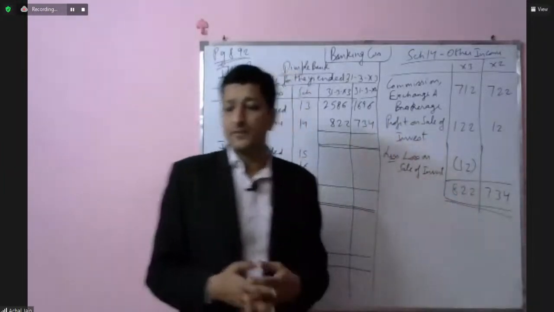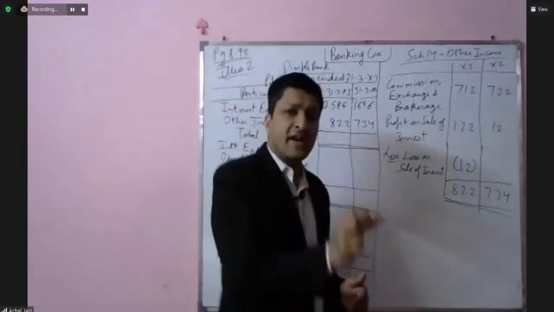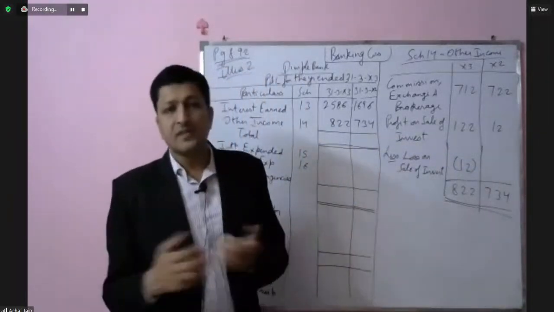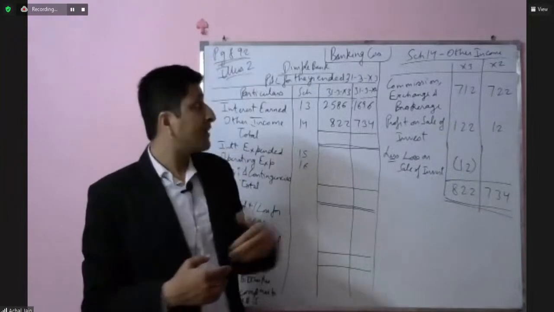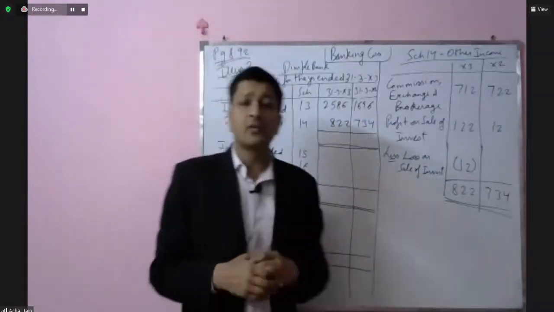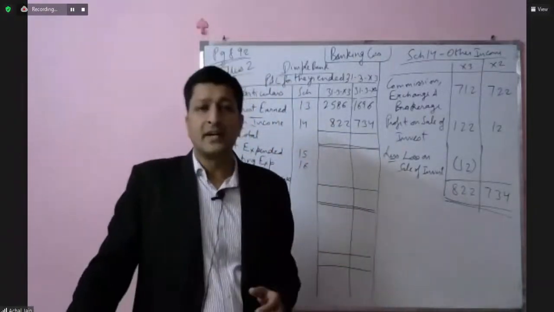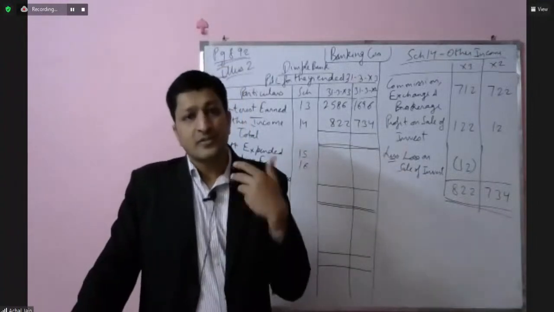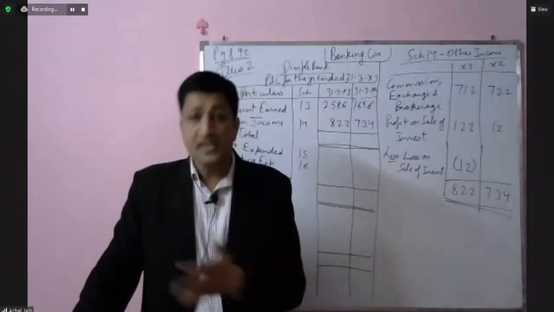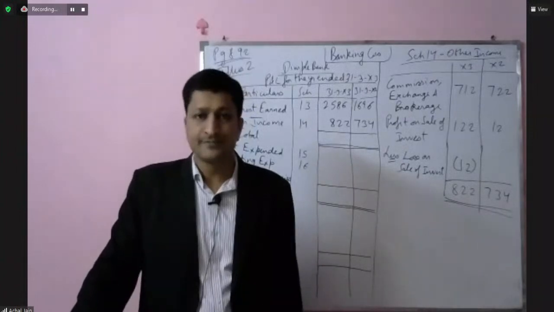Most of the items are very simple. The moment you know which head an item belongs to, its computation is very easy. The only problem is that some of you may be thinking, sir, why will commission go to other income, and why will profit go to that head? This is something you'll have to just practice, or you can read these formats maybe twice or thrice. Then you will get an understanding around it.